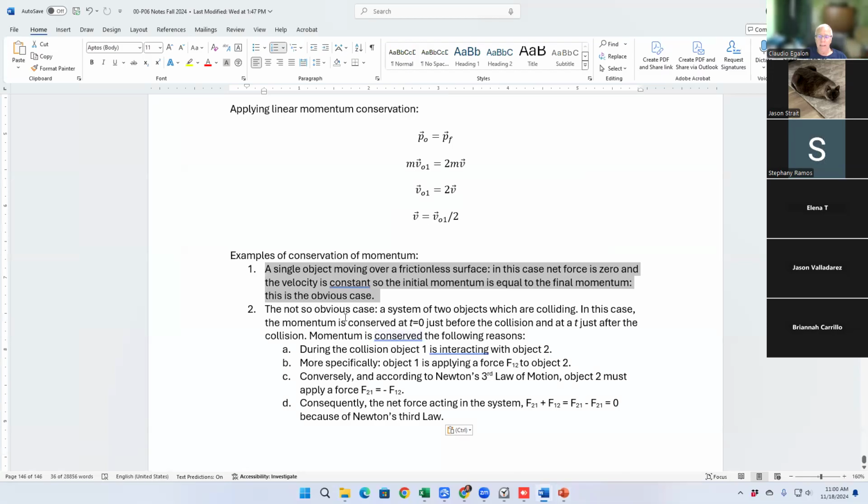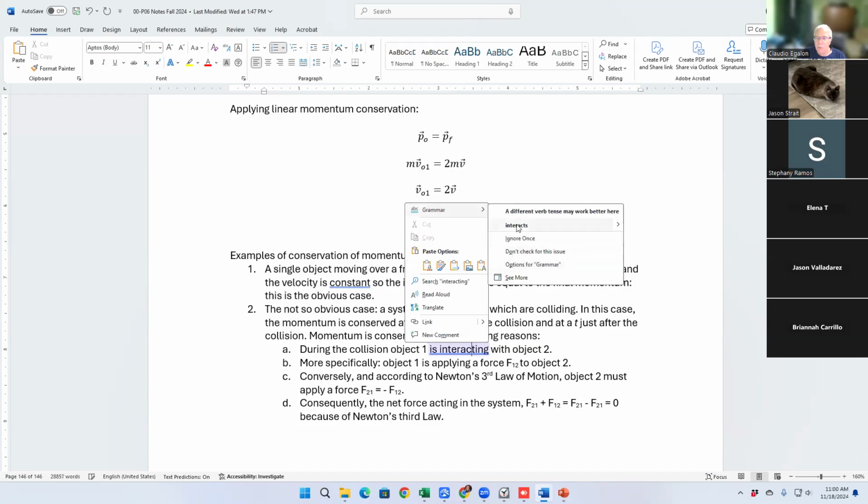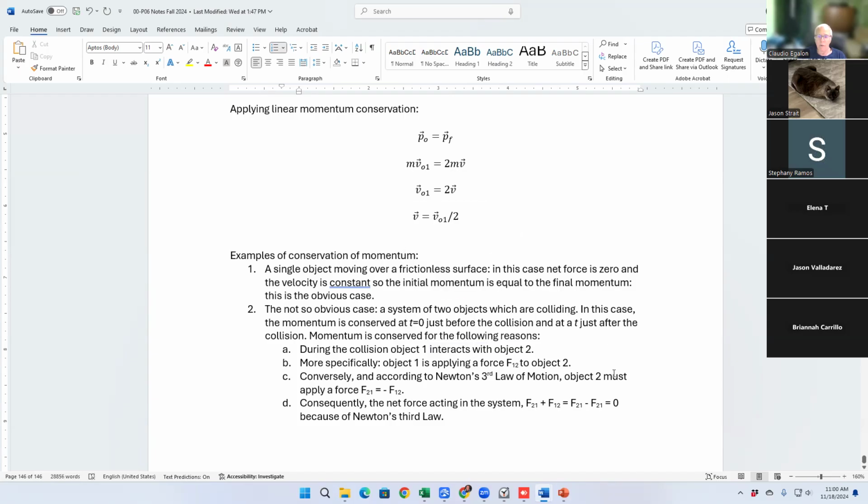Okay? And then we have this not so obvious case, a system of two objects which are colliding. Momentum is conserved just before the collision, and at t, just after the collision. Momentum is conserved for the following reasons. During the collision, object 1 interacts with object 2.